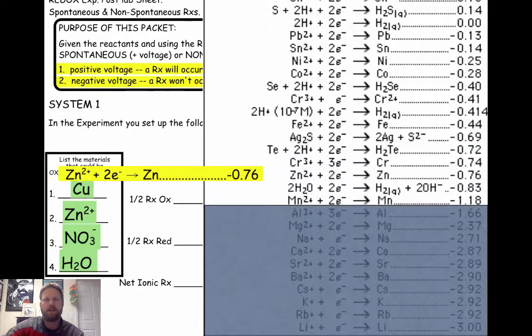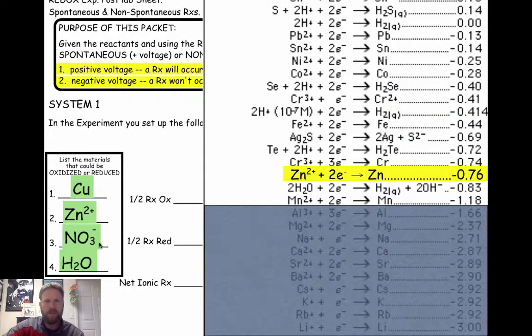Keep scanning. Here we go. Zinc 2+ is in our list. It's the only reactant we need. So that is the substance that's going to be reduced. Substances that are going to be reduced usually include nonmetals or cations.